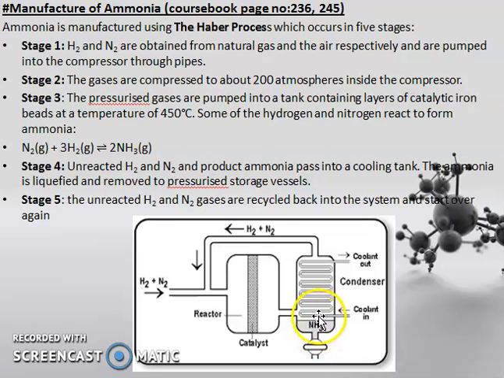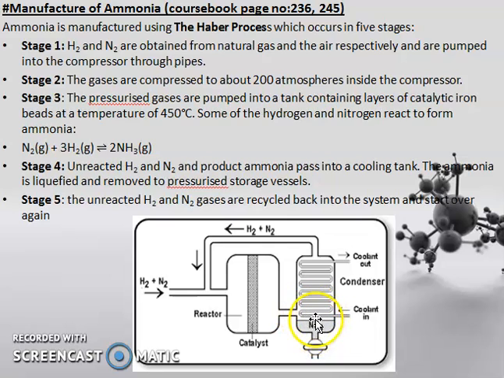Got this? And you can see the coolant which is coming out, and this is the process where nitrogen and hydrogen combine. Okay, and the leftover H2 and N2 goes in this, and then again it starts. So see student, from here it is coming inside, and from here it is going here.